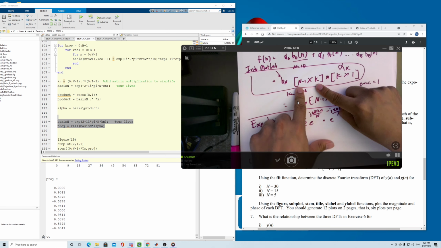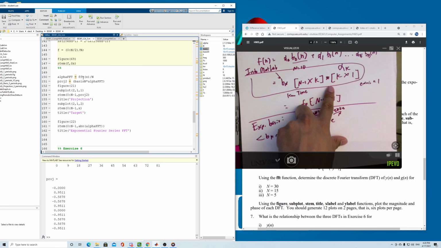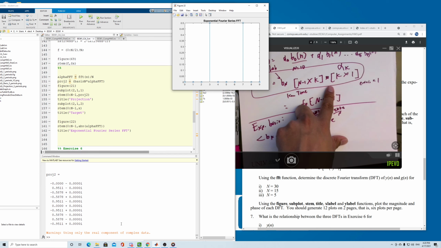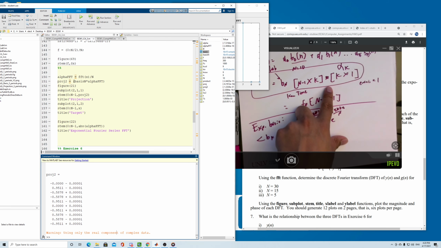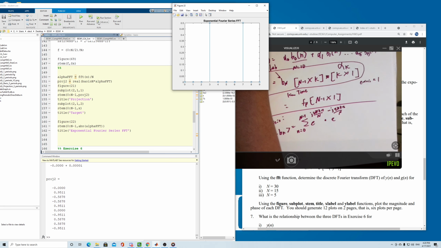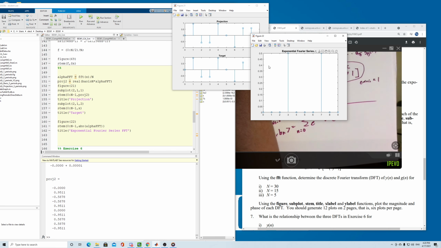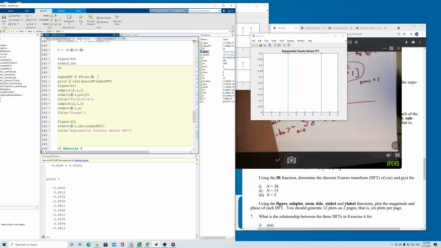So we're just matrix multiplying it to the alphas that this FFT created. So there you go. This, and it should be the same thing. Boom. You see this orange thing? I have OCPD. Real. There we go. And then it doesn't appear anymore. There you go. See? Looks pretty cool.